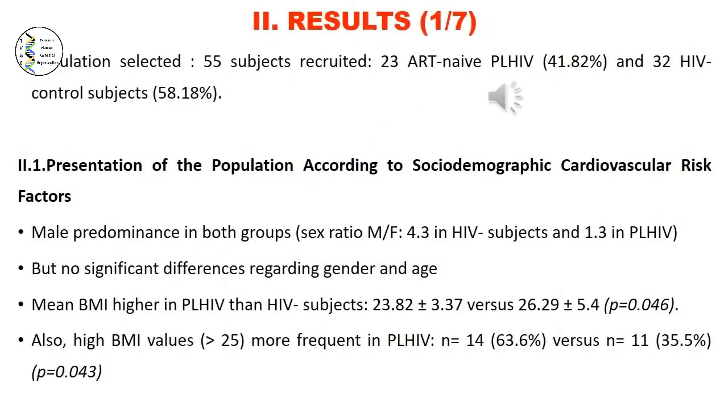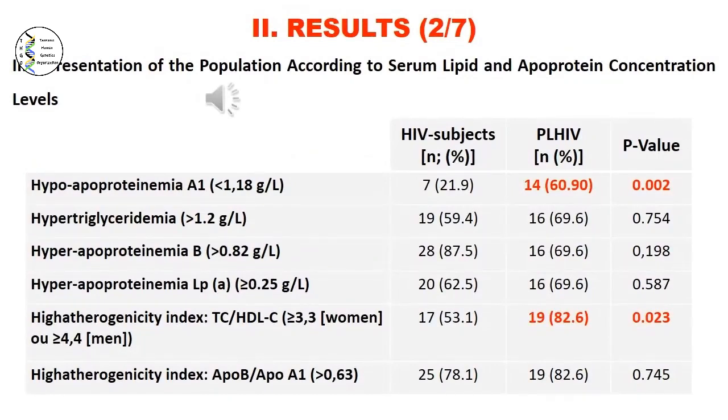The values were 63.6 versus 35.5, with p-value 0.043. According to serum lipid and apoprotein concentration levels, hypoapoproteinemia A1 was more frequent in persons living with HIV, and the p-value was 0.002.